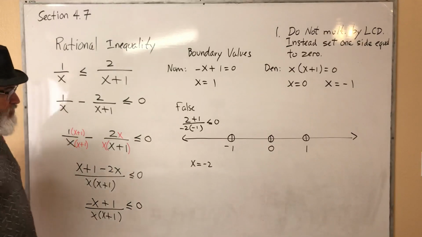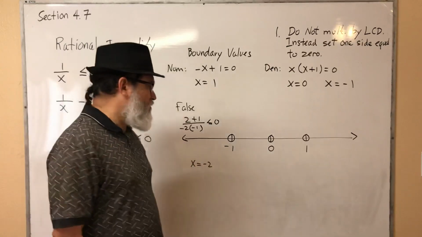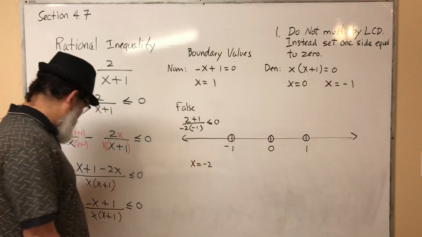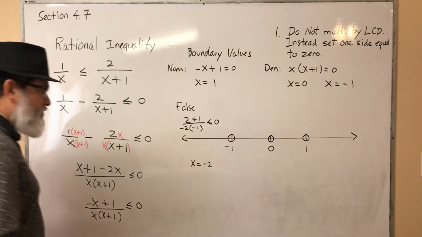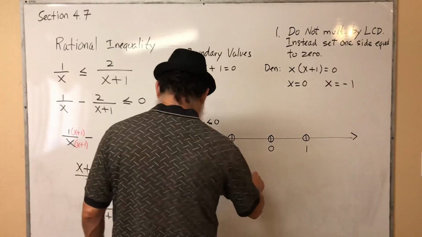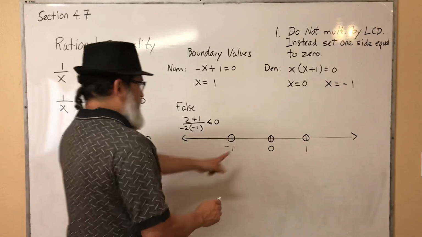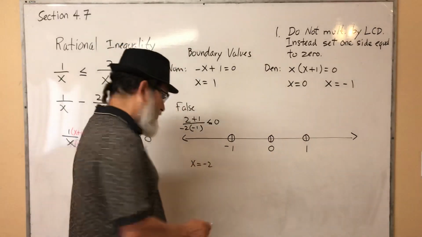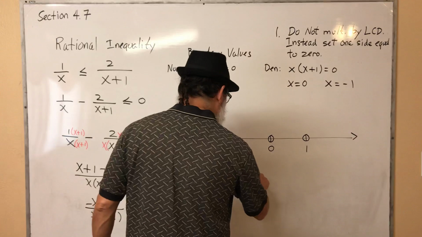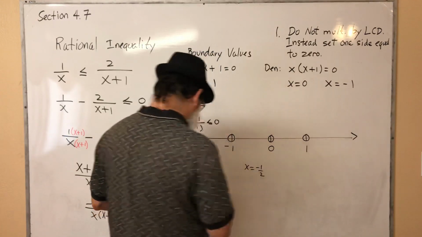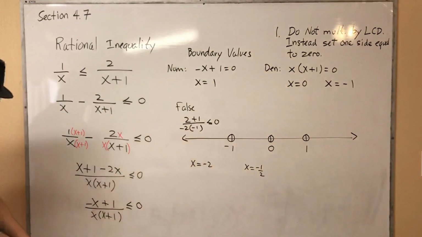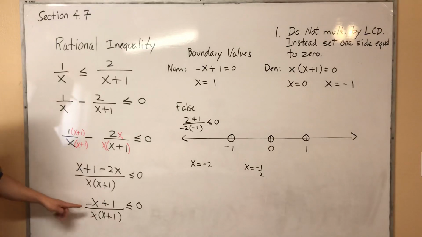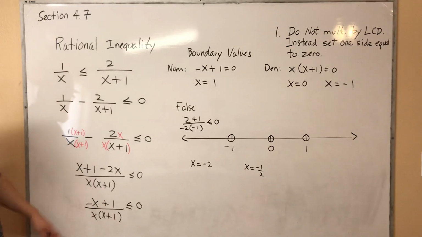What should I try there? Want to try half? Sure, let's try half. Here, -half. Try x equals -half. Okay, watch this. What's the absolute value of -half?